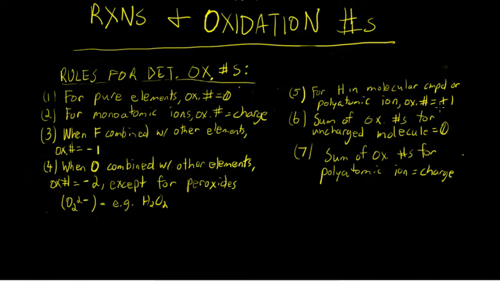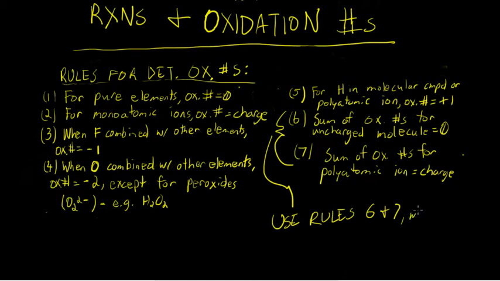And to find the oxidation numbers of elements not discussed in these 5 rules, you use rules 6 and 7. So use rules 6 and 7 when others are insufficient.